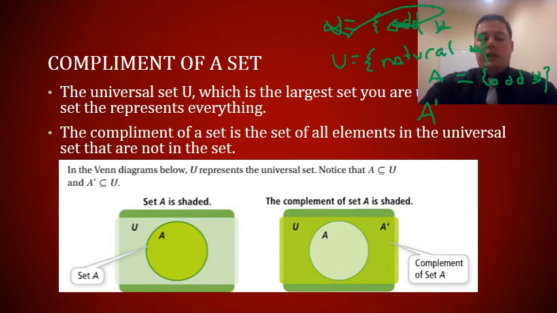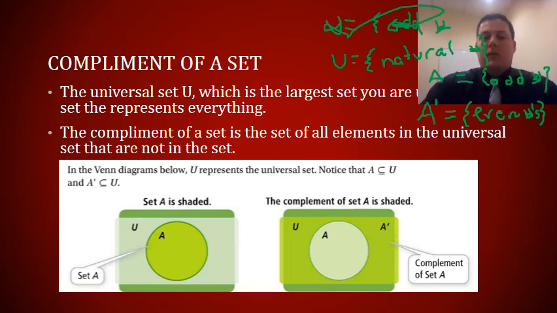So we would say this is A prime, or some people refer to that as not A. So if A is odd numbers, not A is even numbers. It's everything that is not included in the set but is contained within the universal set.